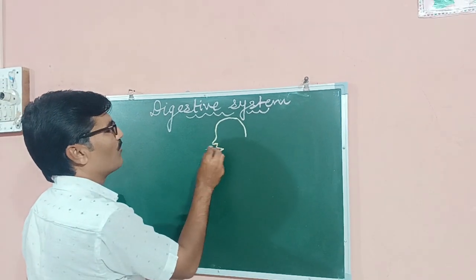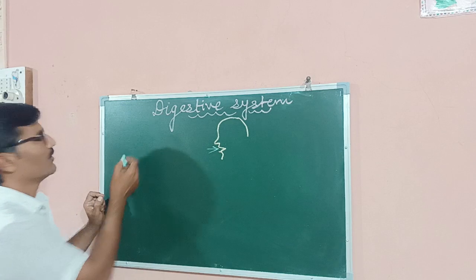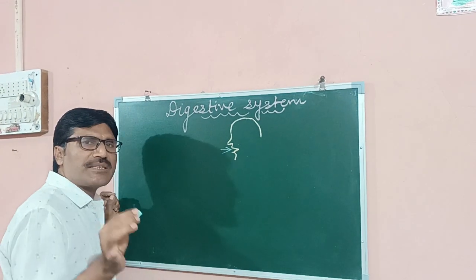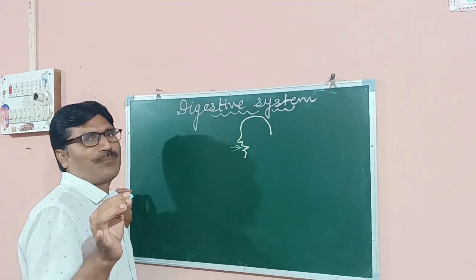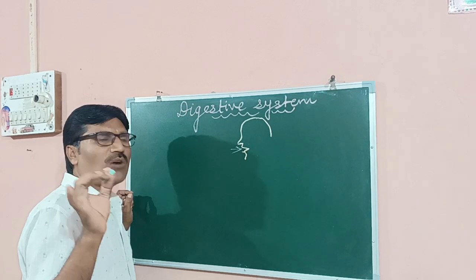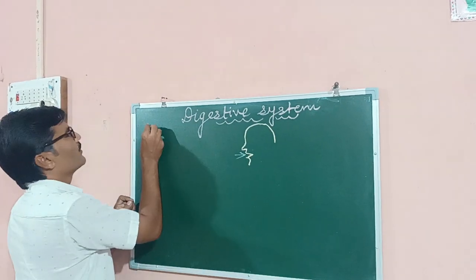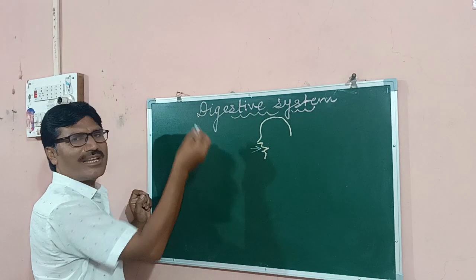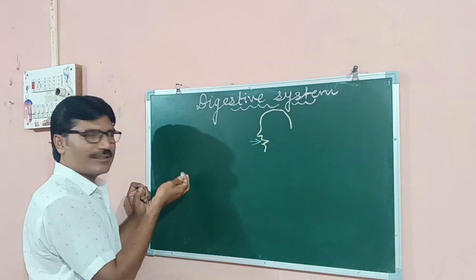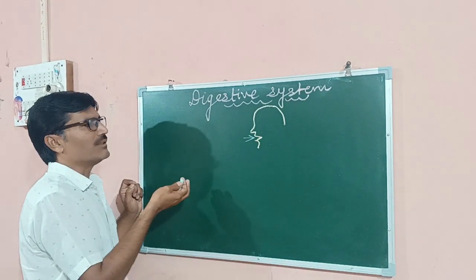This one is the mouth. That means the digestive system starts from our mouth. So here I will write the names in ascending order.